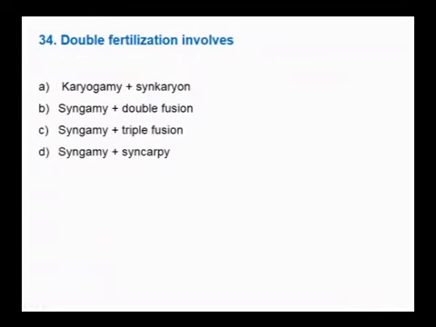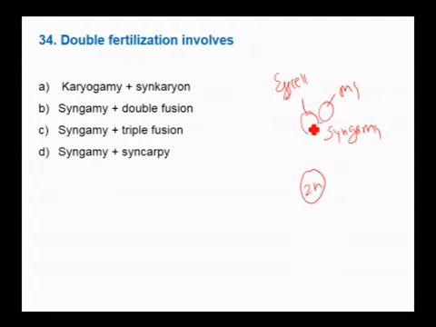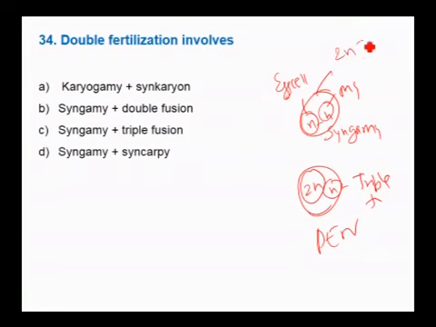Next question, double fertilization involves, as I have explained: one, the egg cell with one male gamete, called syngamy; another, a diploid secondary nucleus and a male gamete, called triple fusion. This forms a triploid primary endosperm nucleus, and here a diploid zygote.